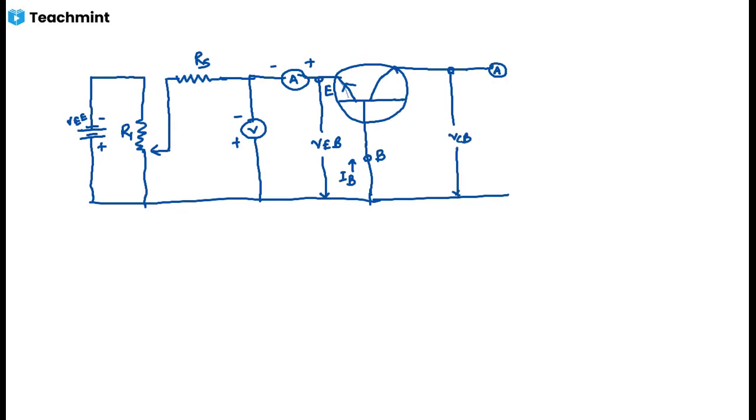This is the collector terminal, so the IC current is flowing from this side. This is minus, this is plus. A voltmeter is connected here, V. This is plus, this is minus. Another variable resistor, a potentiometer, is connected here.